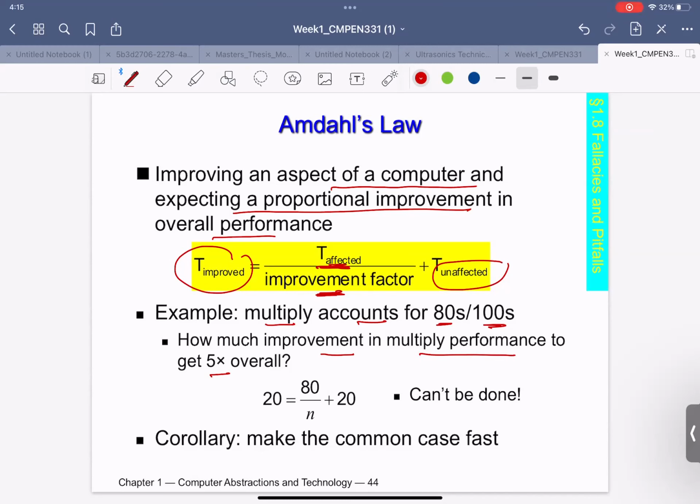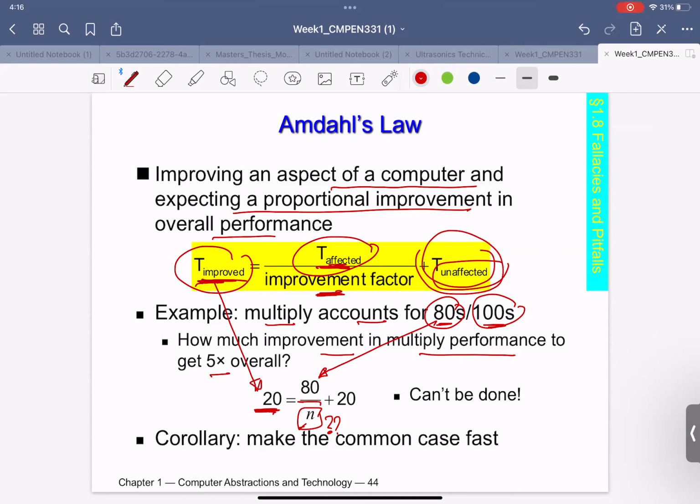Let's apply that to Amdahl's law. T improved is how much now? It says 5 times faster, correct? It was 100 seconds, so 5 times faster means 20 seconds, correct? 100 divided by 5 is just 20 seconds. So 20 will be here. This is the time improved. T affected is the 80, which is usually there, divided by the improvement factor, which is unknown, I need to find it, plus the T unaffected.